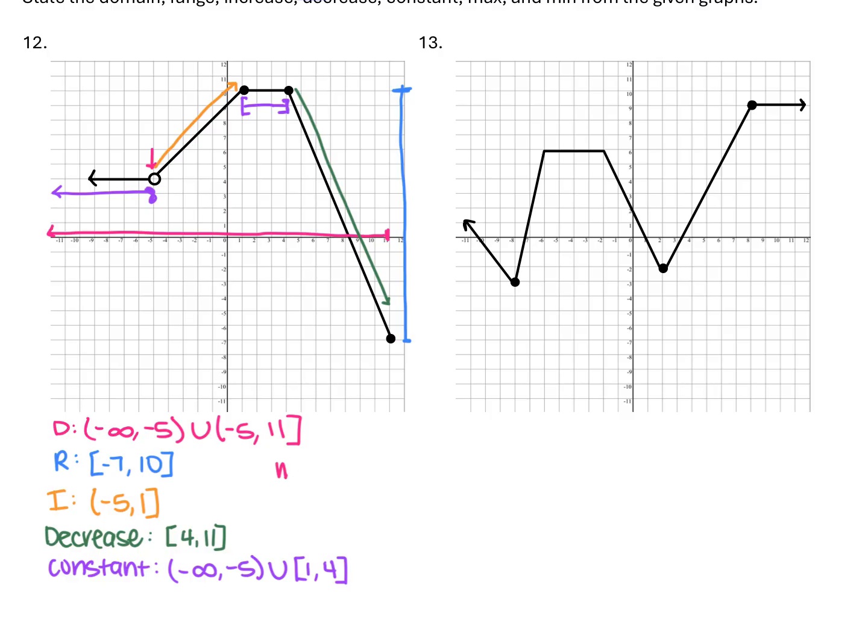Your maximum is the highest y value. So your highest y value that's being covered is at 10. Your minimum is the lowest y value that's being covered, which is at the -7.